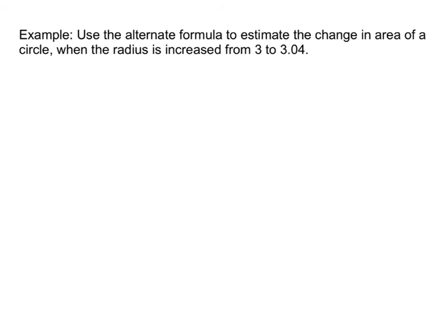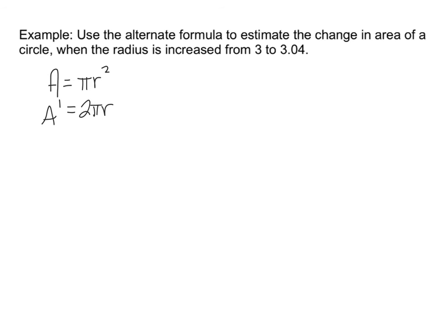Okay, so let's use this alternate formula to estimate the change in area when the radius of a circle is increased from 3 to 3.04. We have the area of a circle, which everyone remembers, pi r squared. If you take the derivative of that, that's 2 pi r.